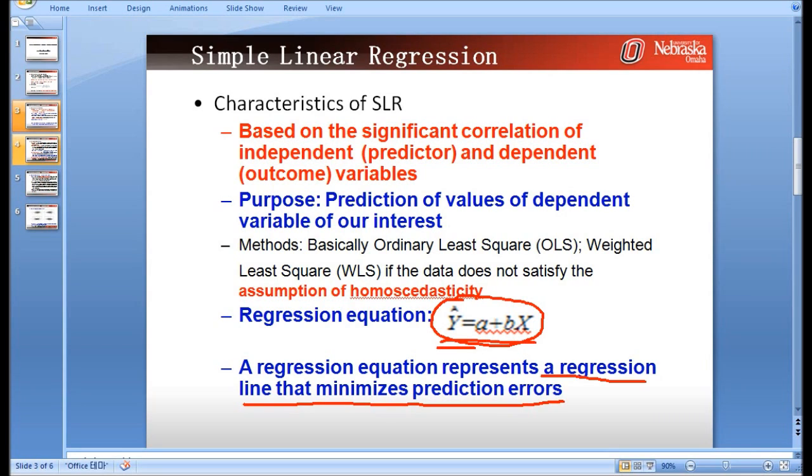This equation represents a regression line that minimizes prediction errors. That's basically how this ordinary least squares estimation method works. Okay, I'm gonna show you why through an example soon.